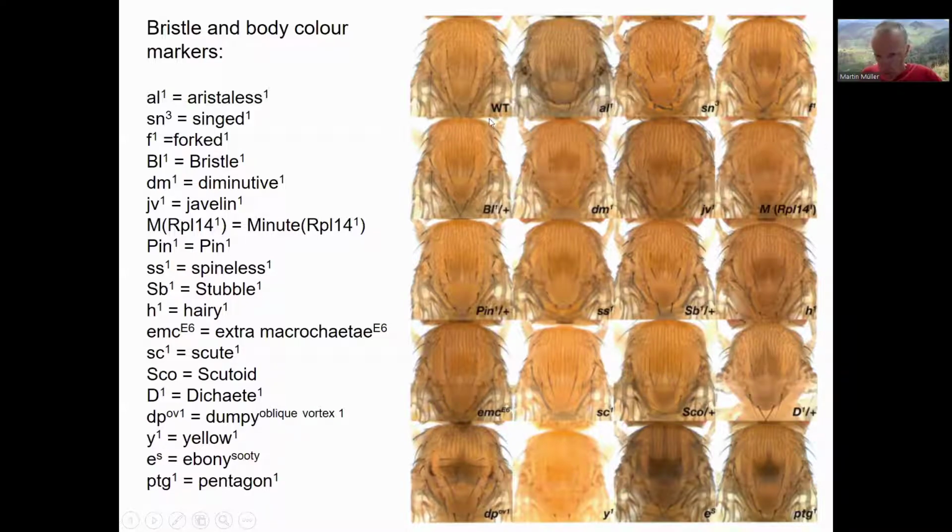It lacks the four macrochaetae here on the scutellum. This trapezoid structure here is called the scutellum, and the four bristles on the scutellum, the scutellars they are called, are missing. You see, the scutellum does not contain any macrochaetae.